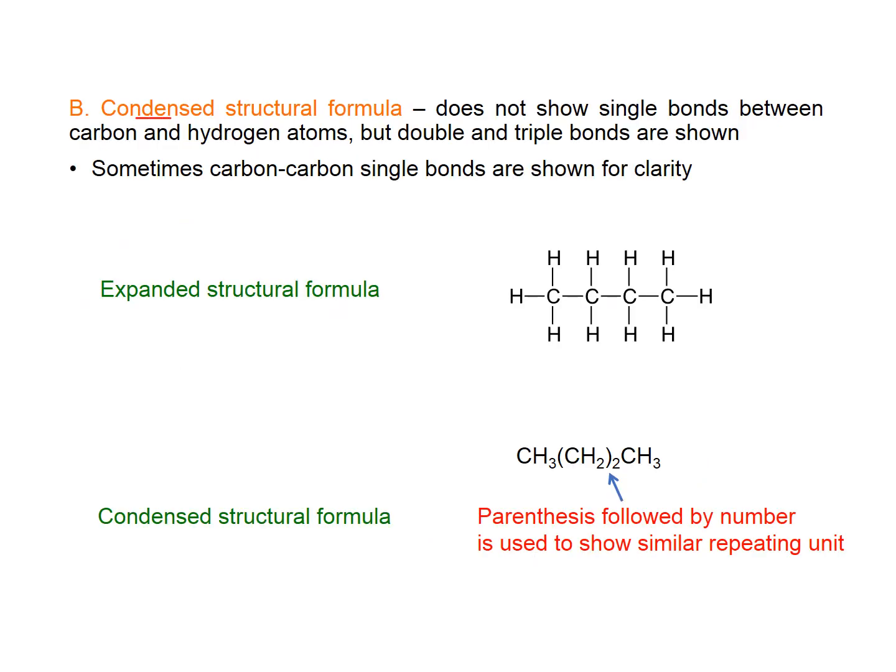B, condensed structural formula does not show single bonds between carbon and hydrogen, but double and triple bonds are shown. Sometimes carbon single bonds are shown for clarity, but most of the time we don't show the single bonding.